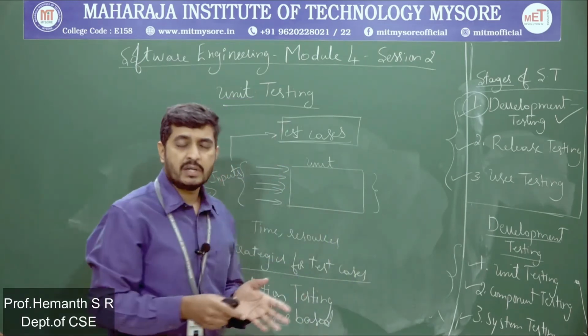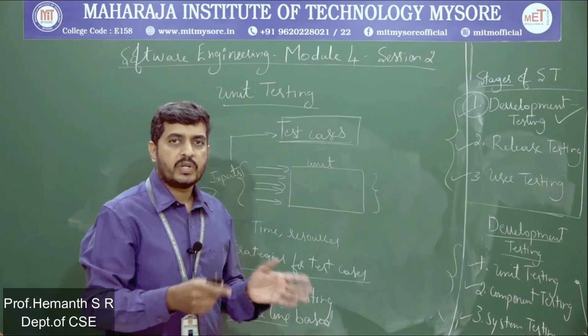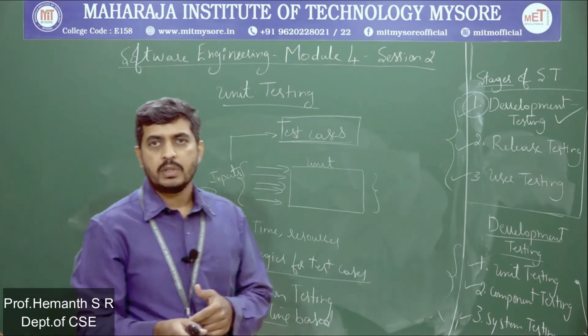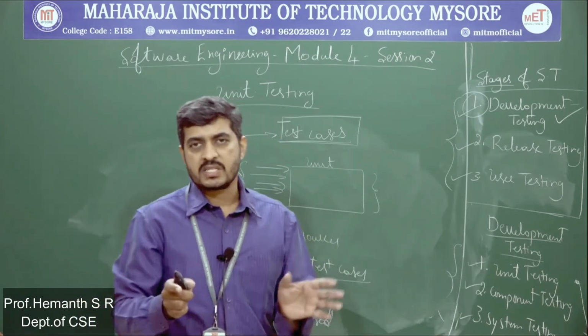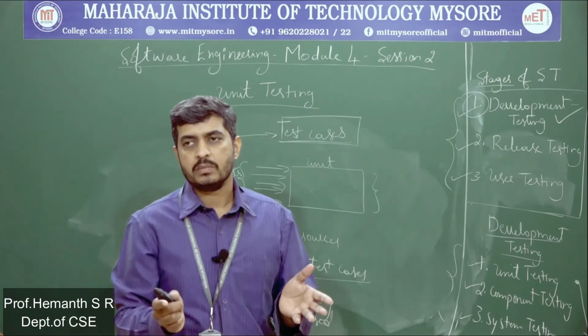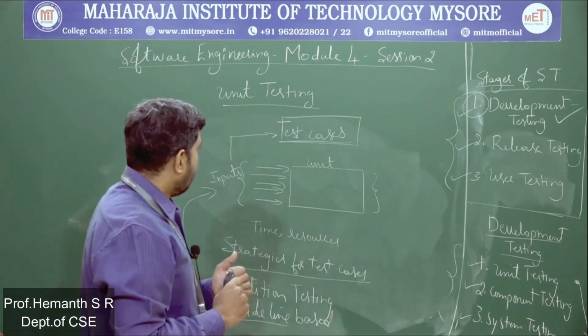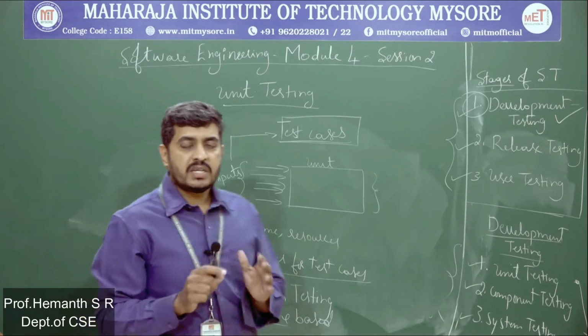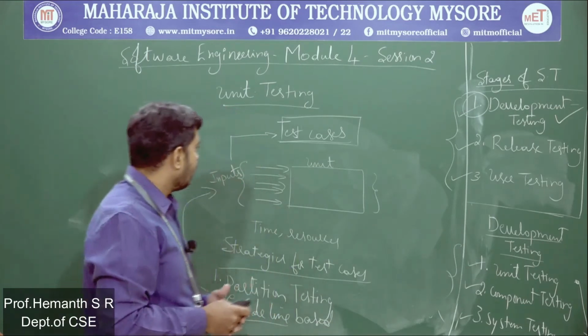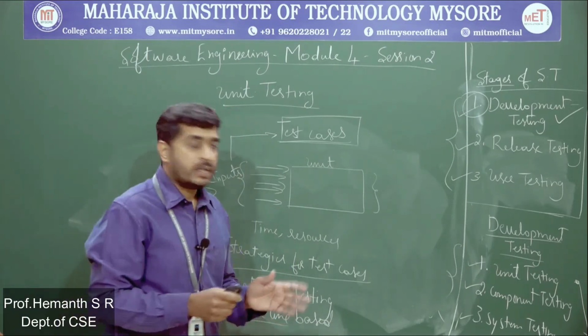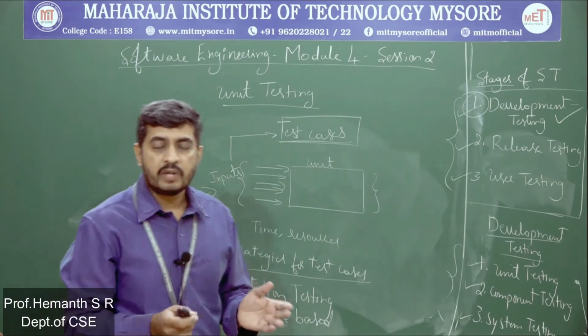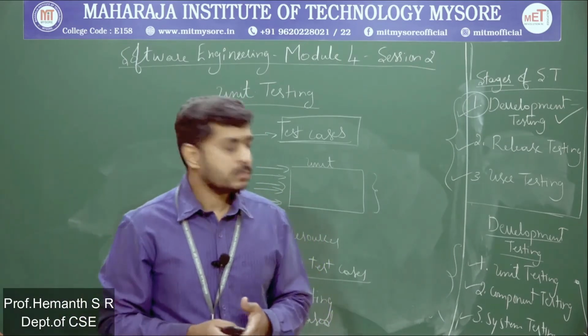If everything goes fine, meaning that the output obtained for that input and the expected output are the same, if x equals y, it means that the test case is successful. We also understood testing can be manual, or it can be automated.